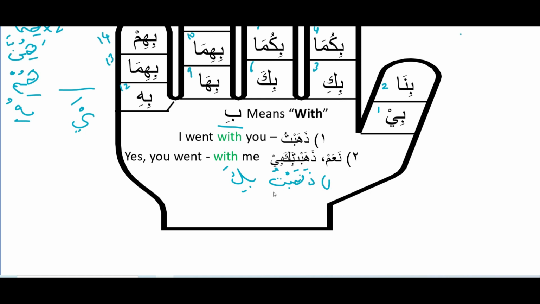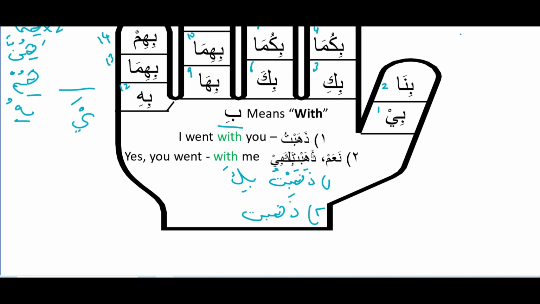Then the only thing that you just need to answer back is yes, na'am, you went with me. Na'am, dhahabta bi, right? So don't worry about what dhahabta and dhahabtu mean.